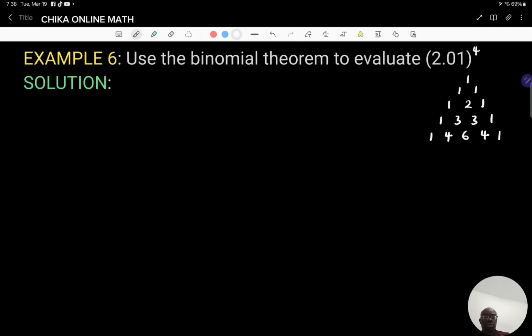To use the binomial theorem, we'll write 2.01 raised to power 4 as (2 + 0.01) raised to power 4.